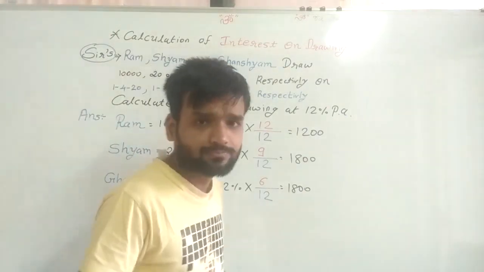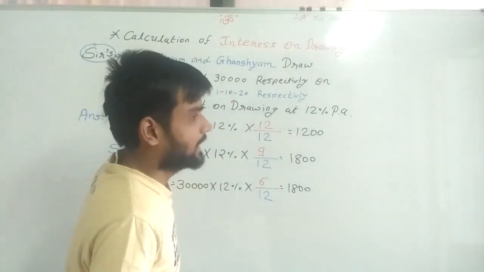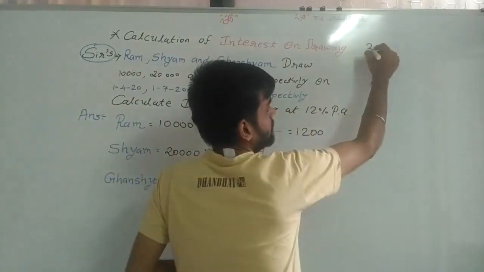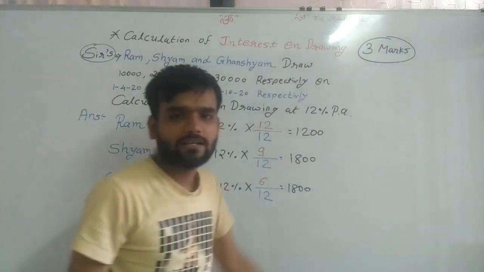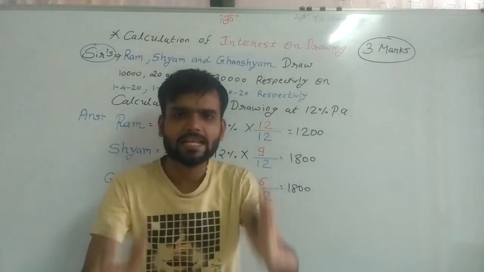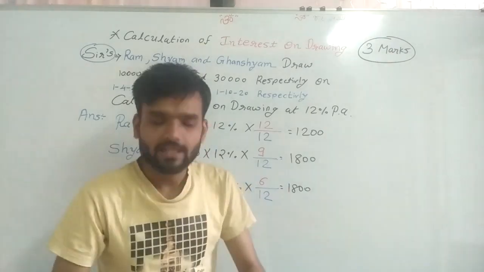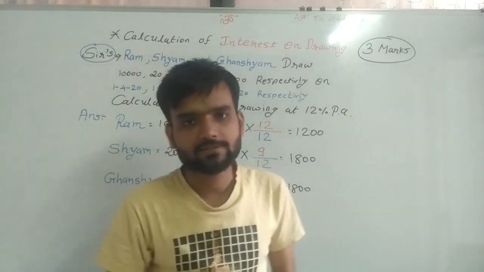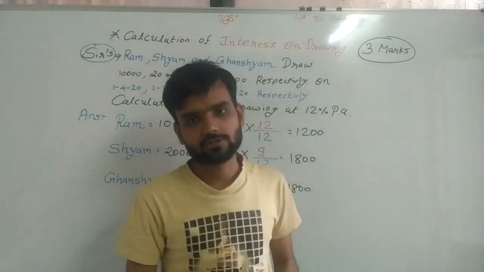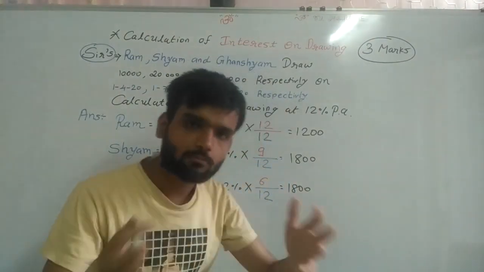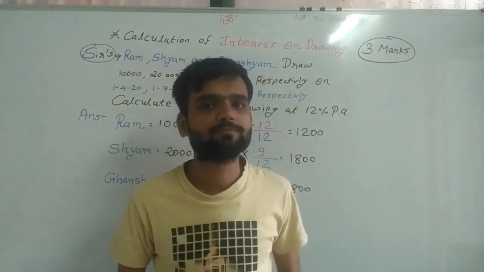In this chapter one question of 3 marks is asked in the examination, and to get these 3 marks, we have to do 11 sums from your textbook. 11 sums are given in the exercise and 11 sums are given in your illustrations. So in total, you have to do 22 sums from your textbook.